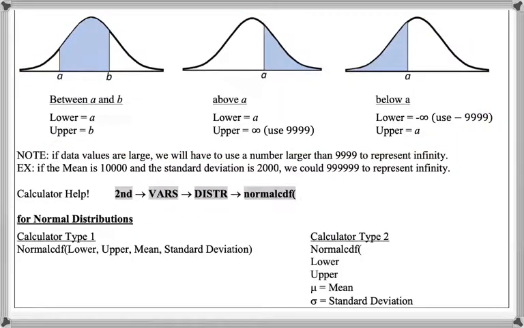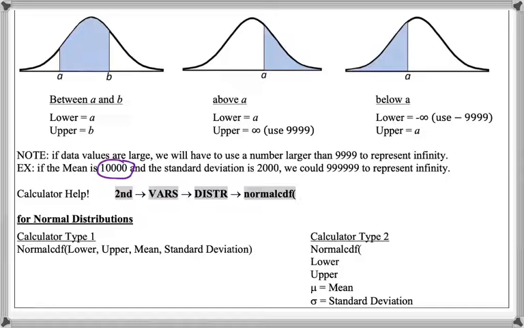First, if the data values are large, we will have to use a number larger than 9,999 to represent infinity. So for example, say the mean is 10,000 and the standard deviation is 2,000. 9,999 is not large enough to represent infinity because infinity needs to be a number very far to the right of 10,000, and 9,999 is actually to the left of 10,000.